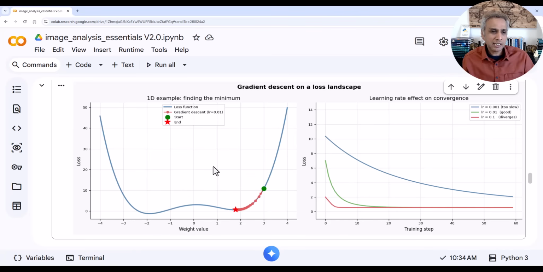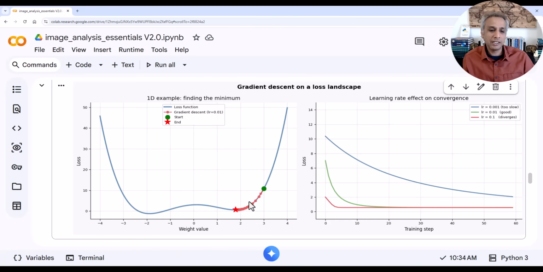Now, in my case, for gradient descent, our learning rate is 0.01, which means I'm taking tiny steps. So I go from here to the red dot, to the next red dot, to the next red dot, and so on. And then I found this minimum, and the step I'm taking, the learning rate 0.01, is not large enough for me to find the true global minimum.